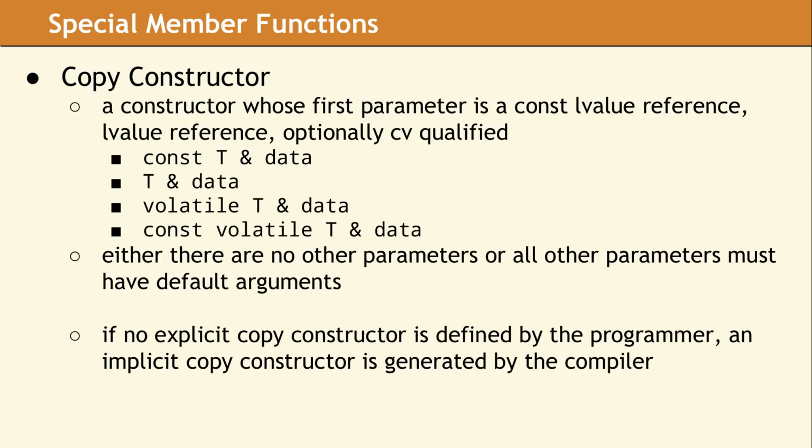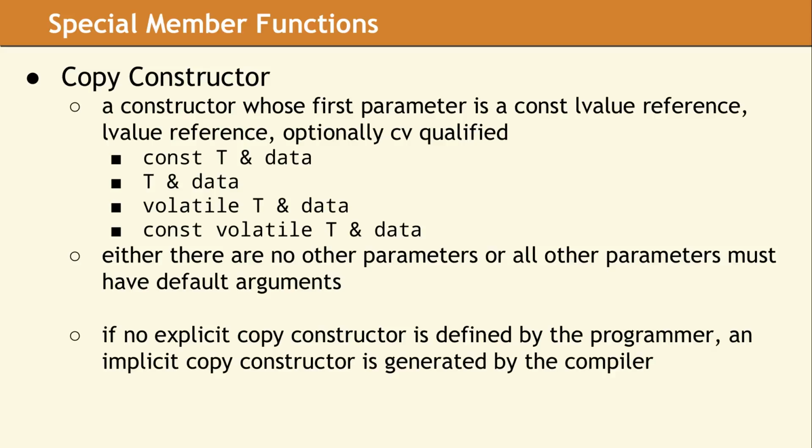The copy constructor is also a special member function. A copy constructor is one which can take an L-value reference to an instance of your class. This reference can be CV qualified, which means const or volatile can precede the data type. In almost every case, the correct parameter type for the copy constructor is the first one shown, which is const T reference data.